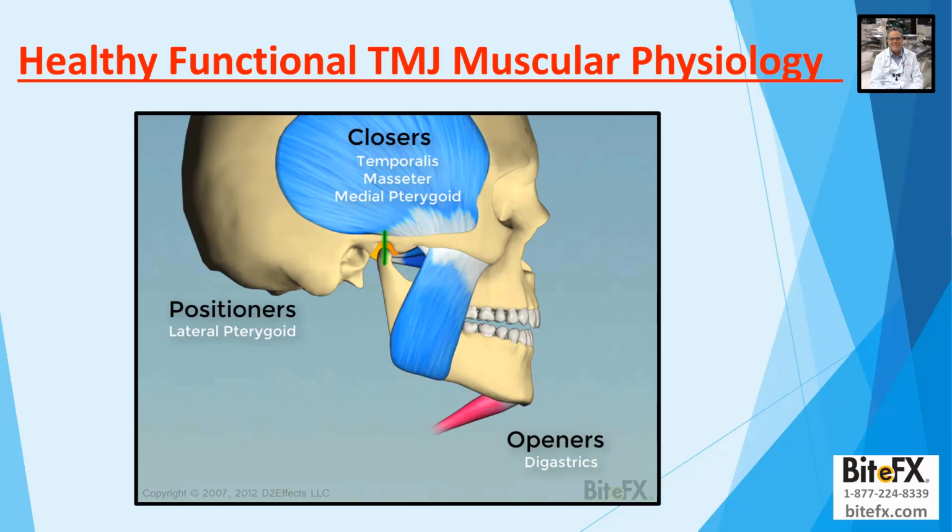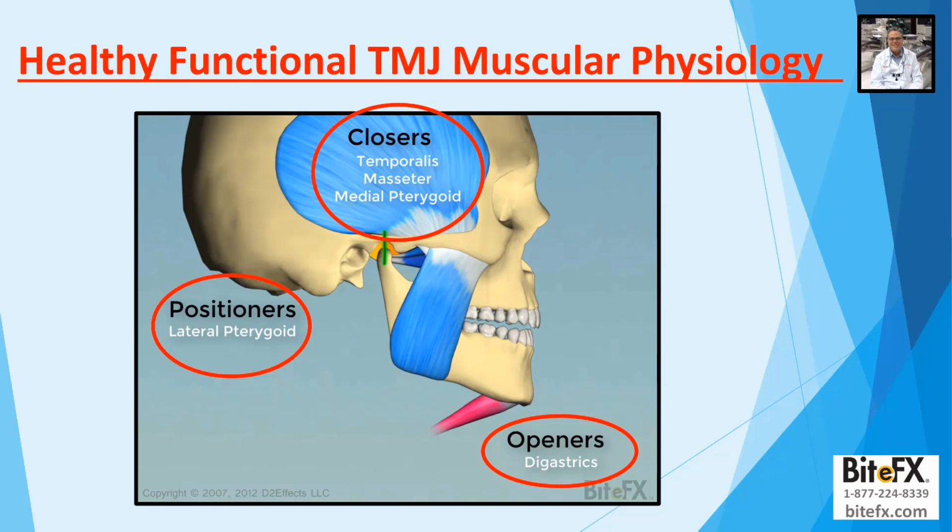I'm going to show you now a video that's going to give an overall visualization of the opening and closing in a healthy TMJ. We have our opener muscles, the digastrics, which start by rotation. Then we have the positioner muscles, the two heads of the lateral pterygoid that position the condyle and the disc itself. And then we have the closers, the temporalis, the masseter, and the medial pterygoid.